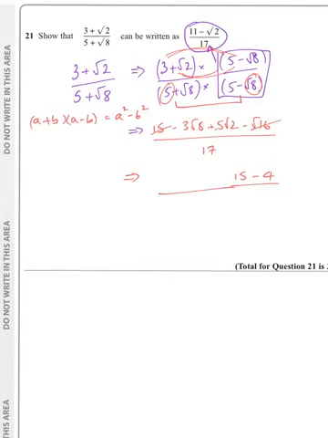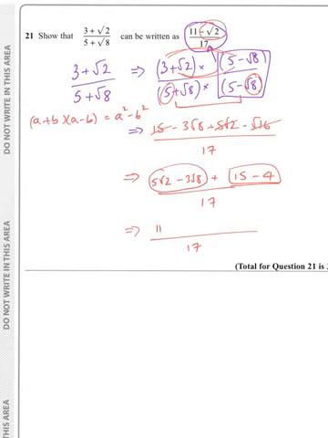And then we've got 5 root 2 minus the 3 root 8. Well, this gives us 11. And then we've got to try and get minus root 2 out of this here. Well, 8 is a number which has a square number as a factor, i.e. 4.